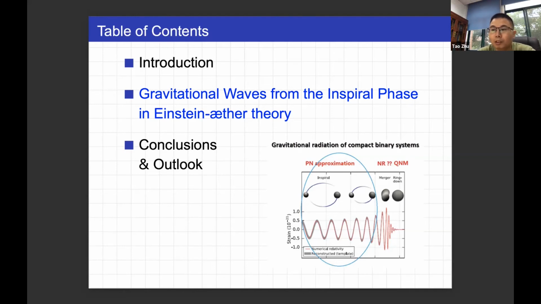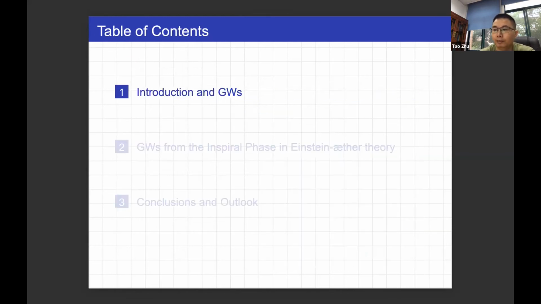There will be a detailed look at the properties of the gravitational waves produced from the inspiral phase of binary neutron star systems in Einstein-ether theory, followed by a summary of our conclusion and future plan. Let's first start with the topics of gravitational waves and their detection.